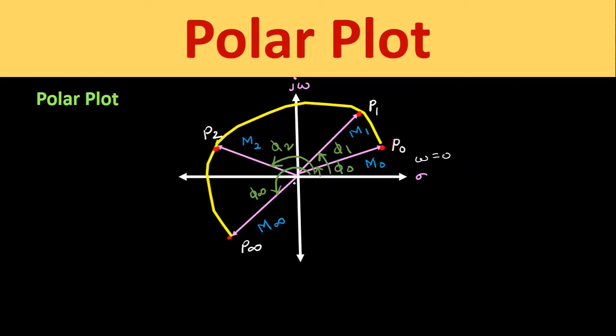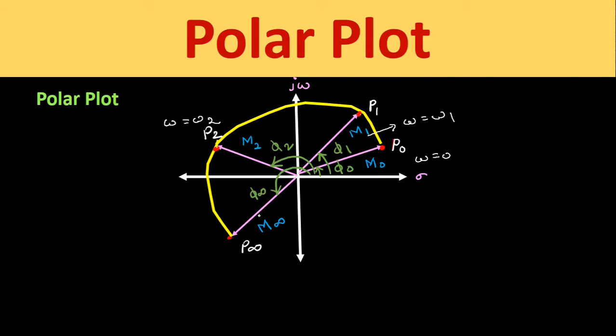Now we measure the angle phi 1, corresponding to omega equal to omega 1. On this angle line of phi 1, we measure the magnitude M1, and this point will be P1. Similarly, we measure the angle phi 2, which corresponds to omega 2, and on this line we measure the magnitude M2 and represent this point P2.